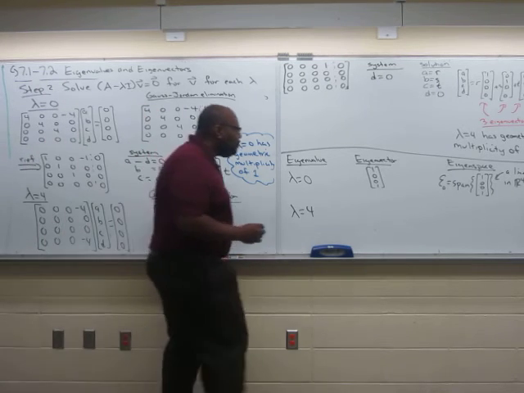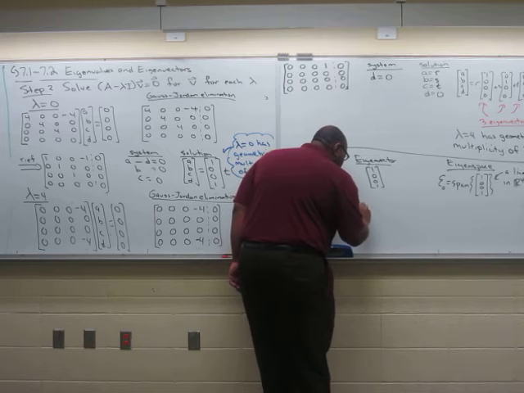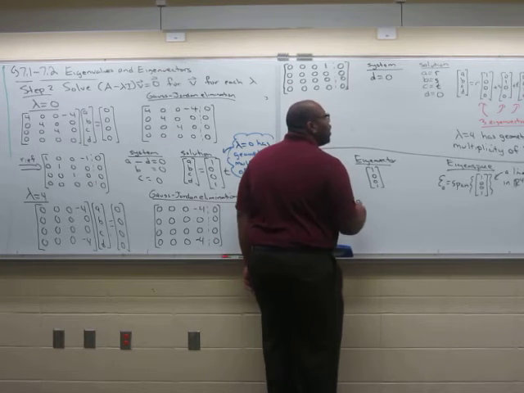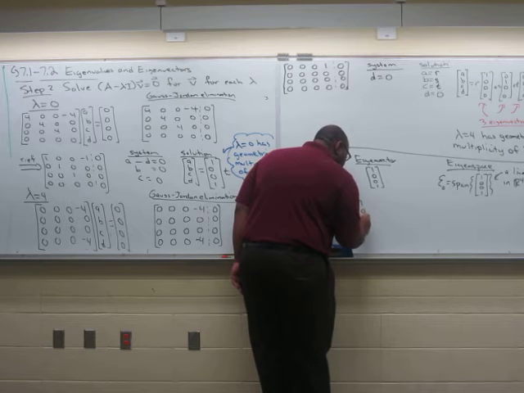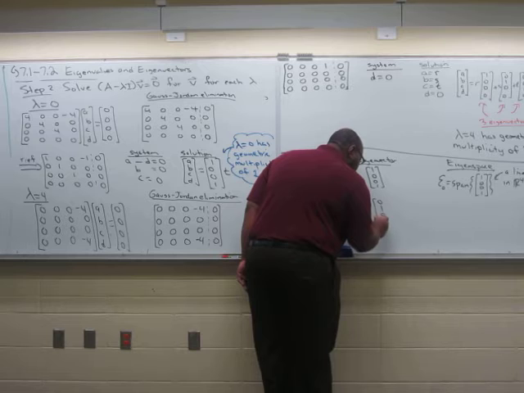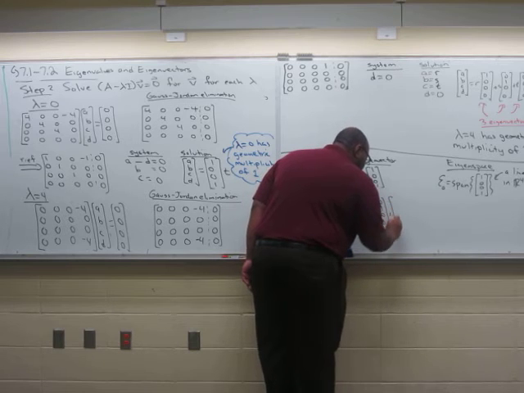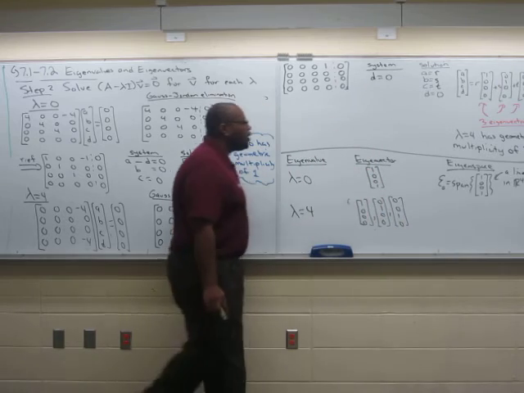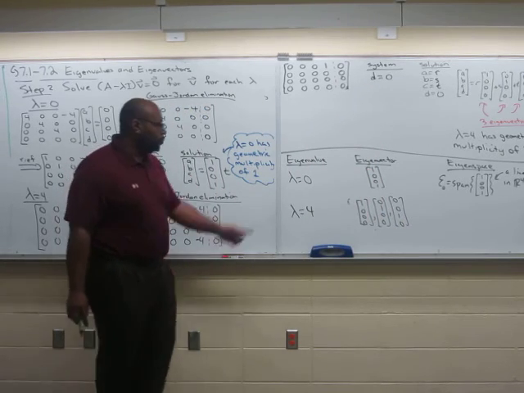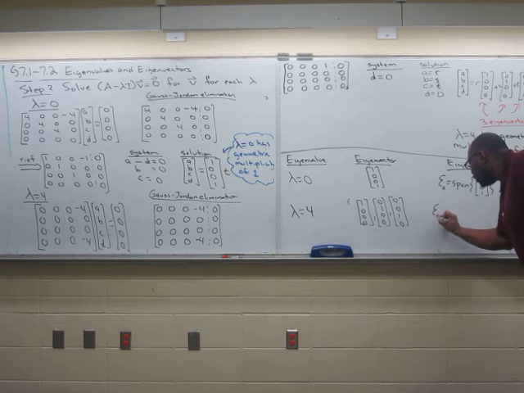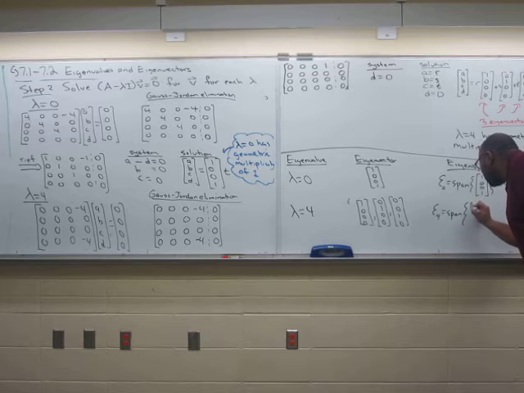It has eigenvectors. I don't have to rewrite that. Eigenvectors 1, 0, 0, 0, 0, 1, 0, 0, 0, 0, 1, 0. Those are the eigenvectors. And its eigenspace is going to be the span of those three vectors.